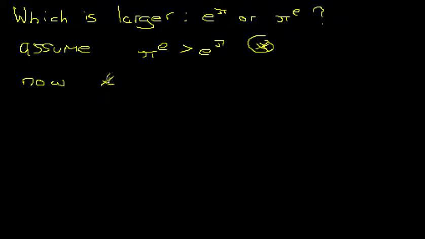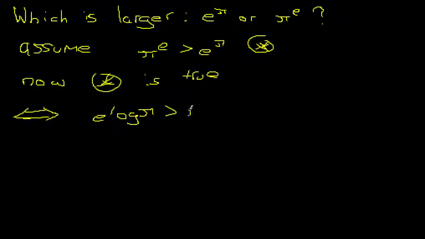Now, applying logarithms, which seems like the obvious thing to do, star is true if and only if, that's what this double implication arrow means, e log pi is greater than pi log e.